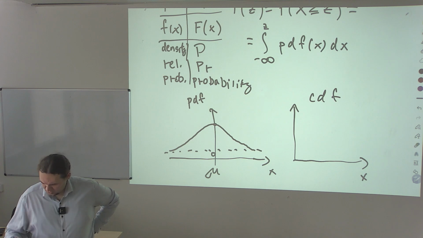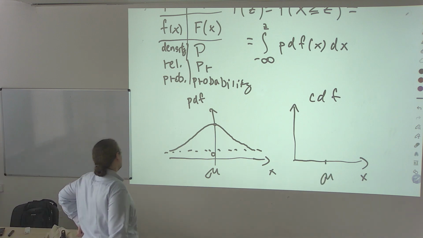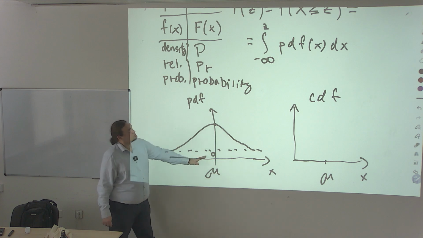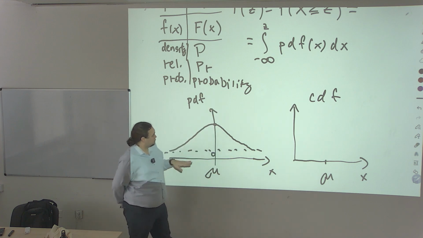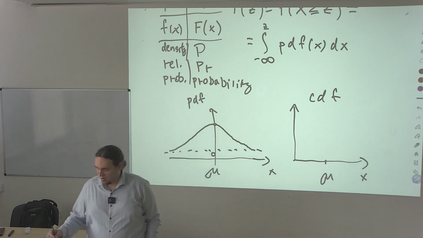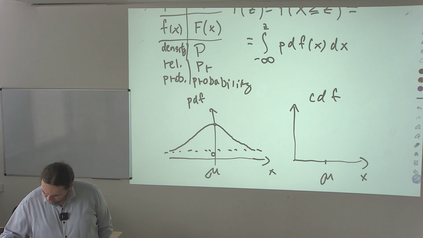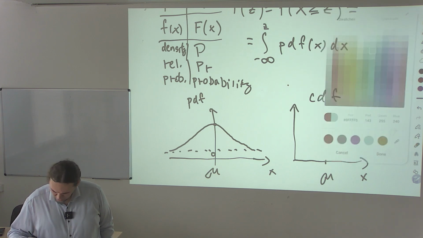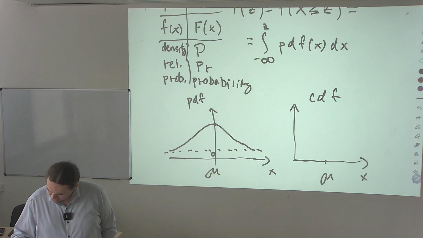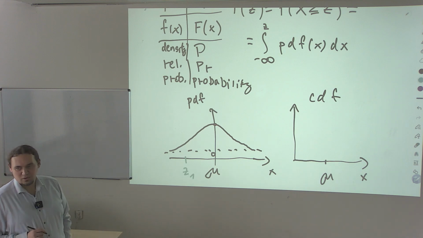Let's say the mean will be here, and let's now pick our z, some value of x. We can pick z anywhere, really. Let's pick z here. Let's call it z1.